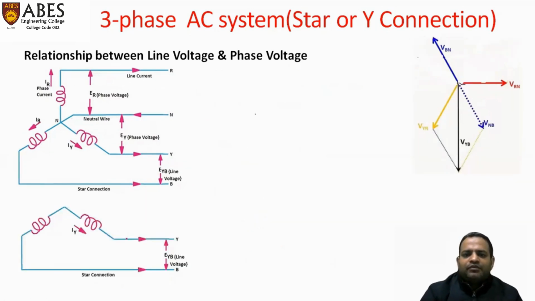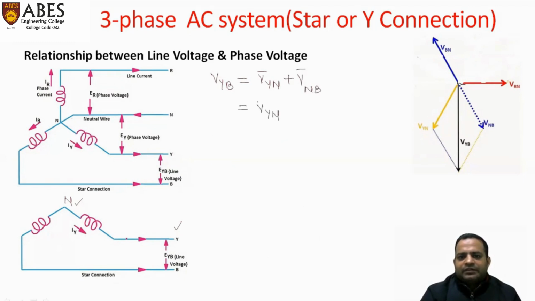Similarly, we are talking about VYB, which is VYN plus VNB. We are reversing the second vector, VBN. What is the value of VYN?